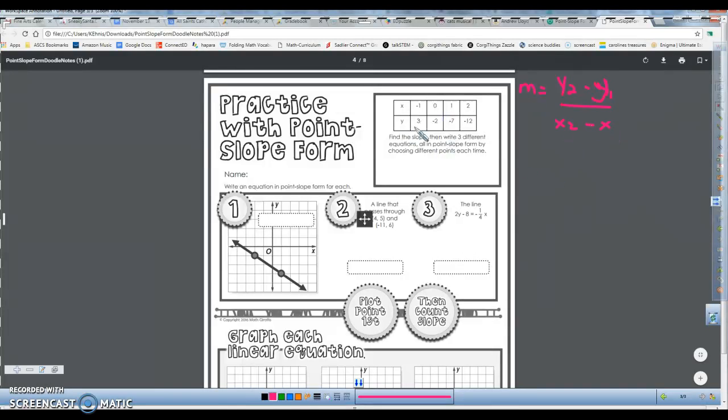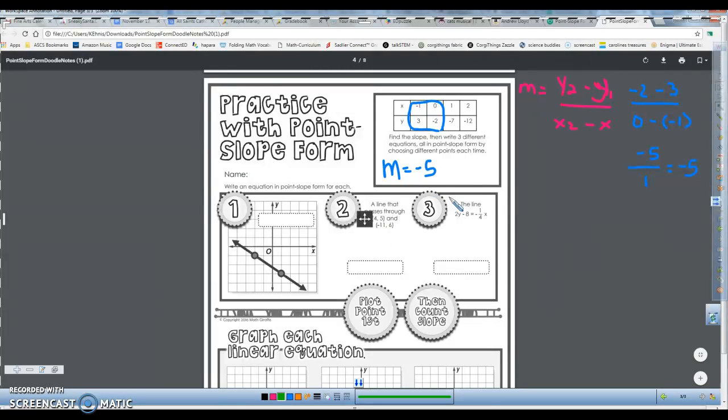And I can pick any of these 2 points to plug in. I'm going to do these first 2. So y2 is negative 2 minus 3 over 0 minus negative 1. Okay, be careful with those negatives. So I get negative 5 over 1, which is just negative 5. So m is negative 5.